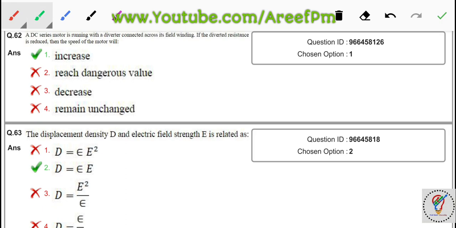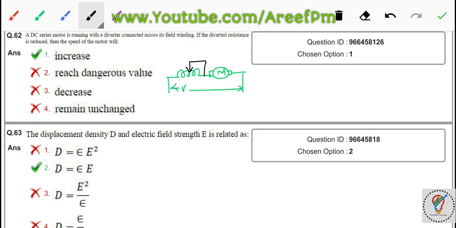Let's take a DC series motor with this winding. I'm just showing a number of turns here to make you understand; in a practical case there will be only a few turns. The applied voltage is V, and there is a diverter here, like this.